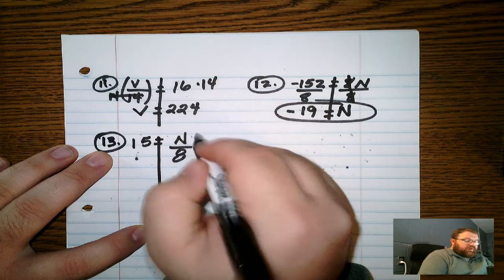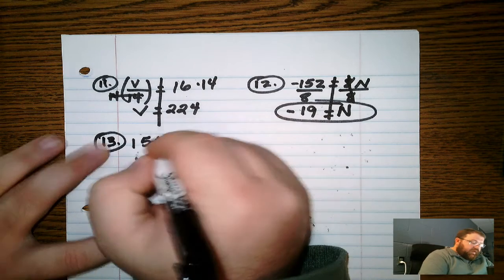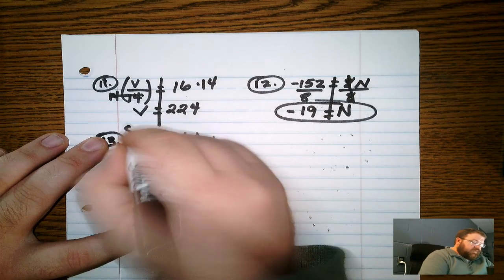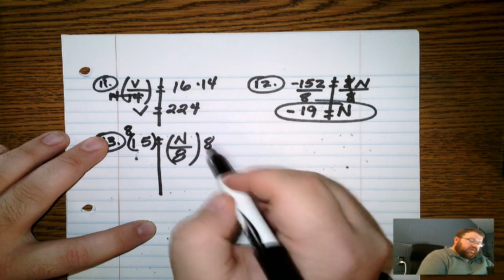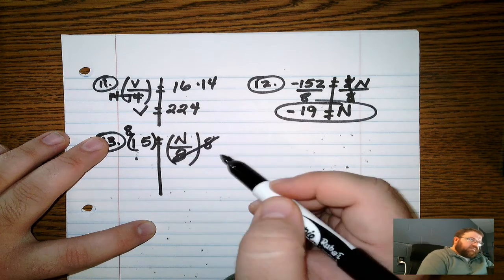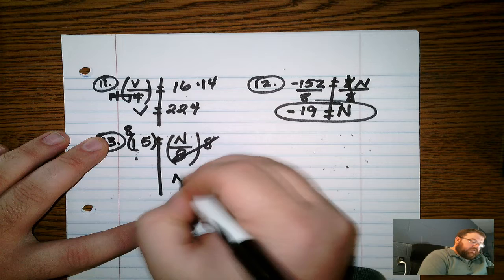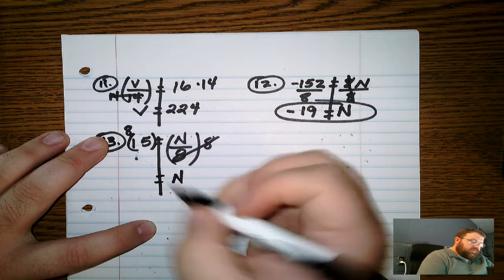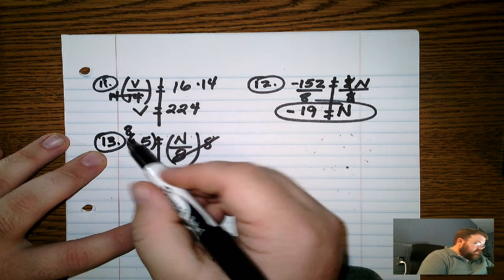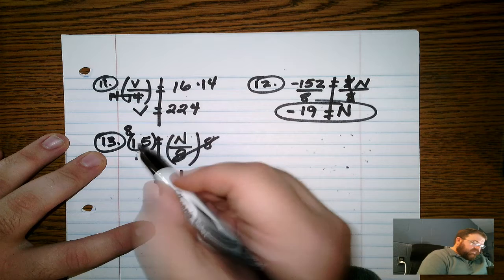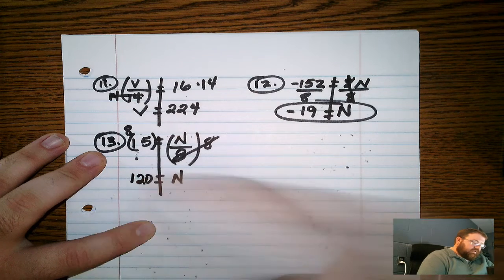The 8's trying to divide, so I'll multiply this side by 8. Remember, what I do to one side, I gotta do to the other. These 8's cancel. It leaves me with n on the right hand side is equal to 8 times 15, which is 120.